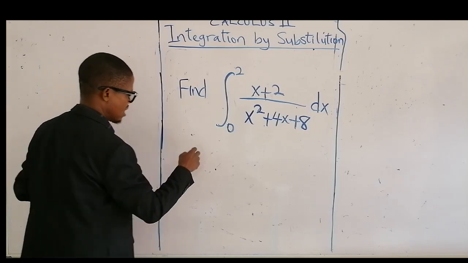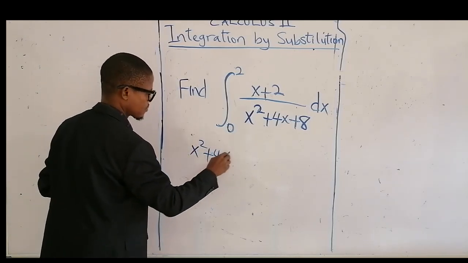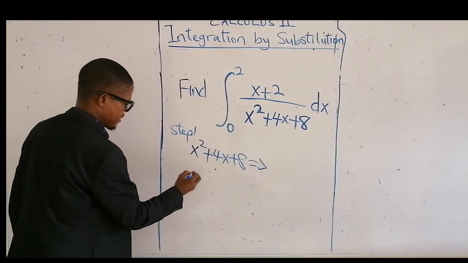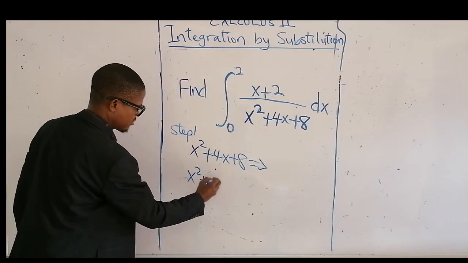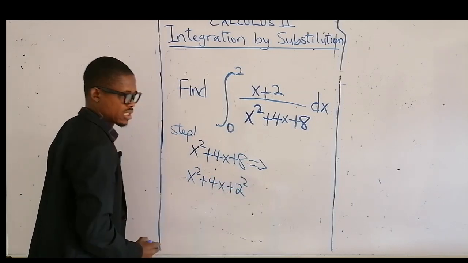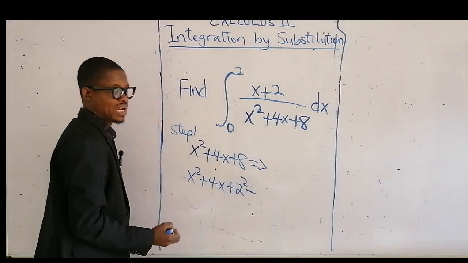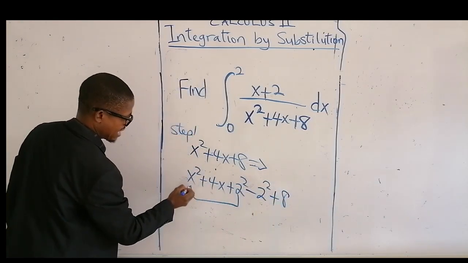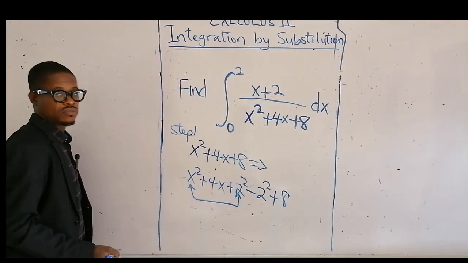So we're going to take this one out. We're going to write this one out. That's step 1. And then it's going to give us x squared plus 4x. We are going to add half of this, that's plus 2 squared. At the same time, we also subtract that, 2 squared, plus 8. And these 3 items will turn to a perfect square.